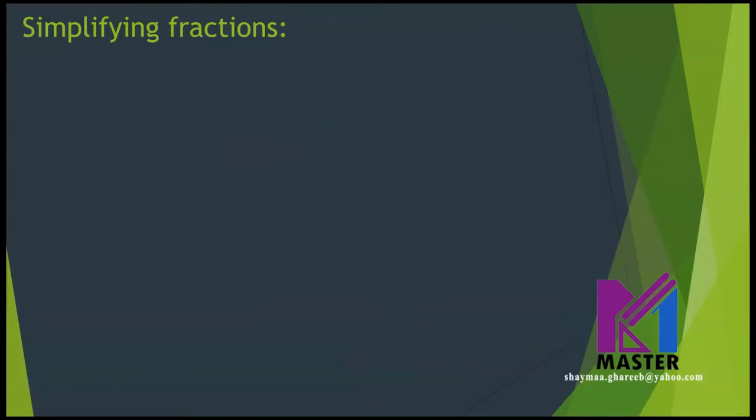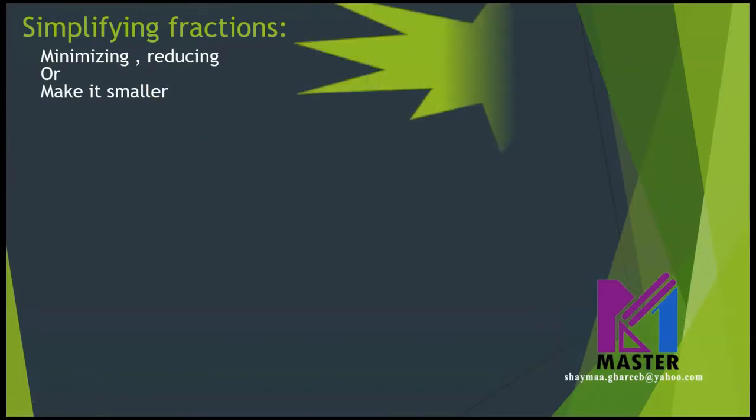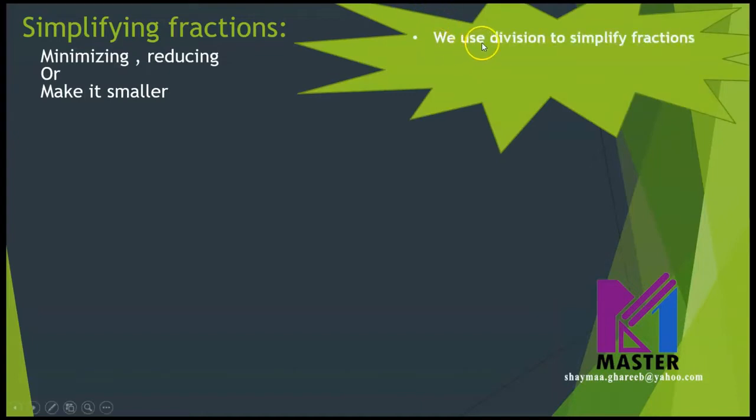What's the meaning of simplifying? Simplifying means minimizing or reducing, or making the number smaller. So how do we make numbers smaller, or how do we simplify fractions? We use division to simplify fractions. So the operation we're going to use to simplify fractions is always division.